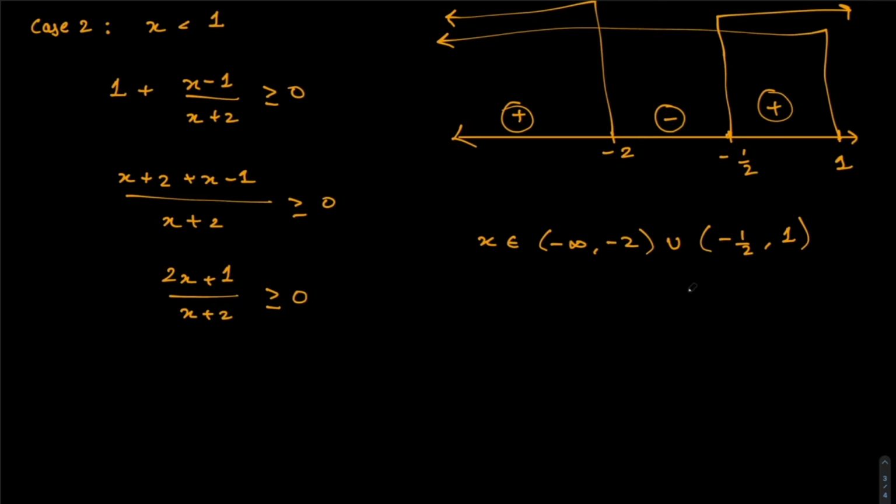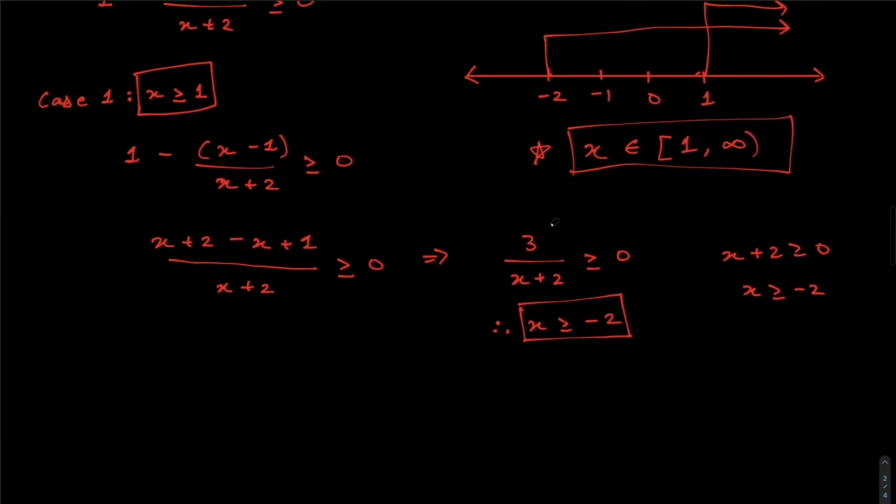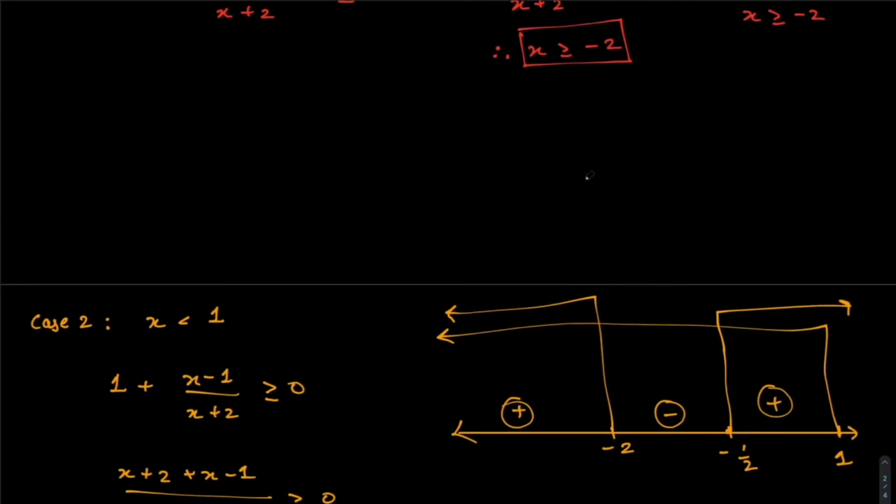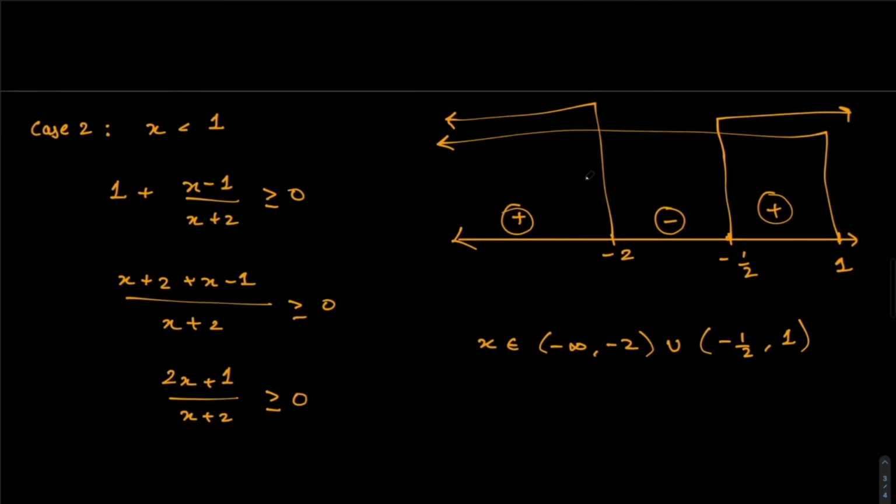So this and this, all of this, and let me scroll up, sorry, I didn't scroll up before, satisfy my condition, right? So these are our acceptable values of x, right? Like this. Let me redraw the square.